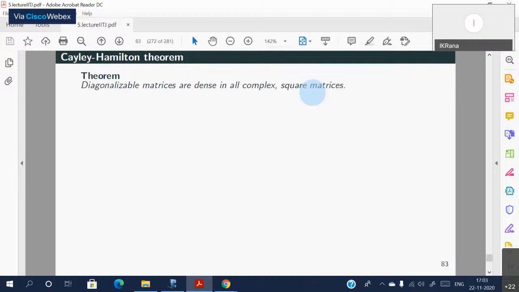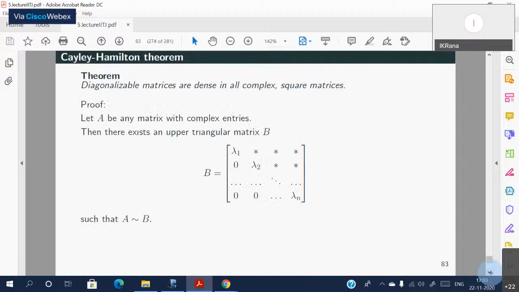And here is a proof which I'll just outline quickly so that you can try to understand it later on. The first thing is that any matrix with complex entries can be made similar to an upper triangular matrix.